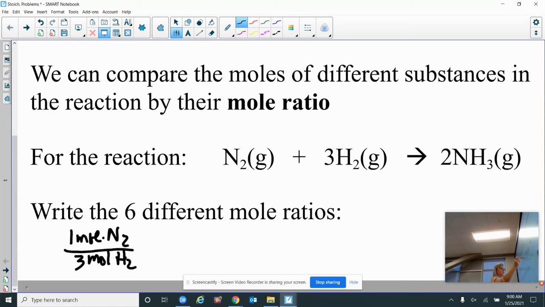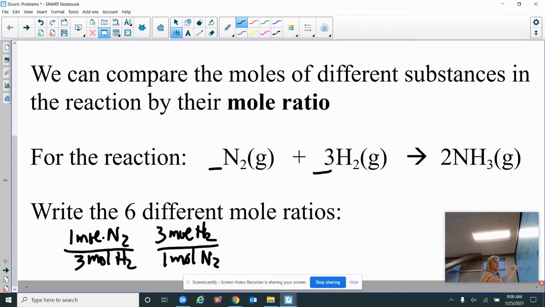Just looking at the coefficients, okay? So understood that it's just a 1 if there's no number in front. We could flip that. We could say there's 3 moles of H2 for 1 mole of N2.